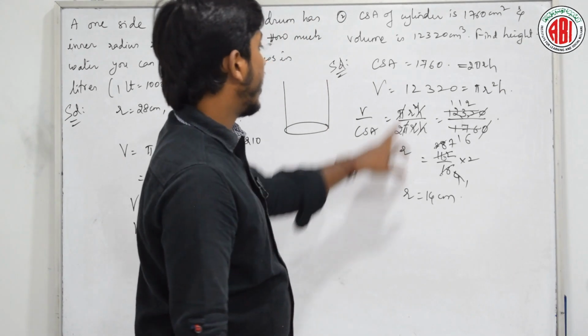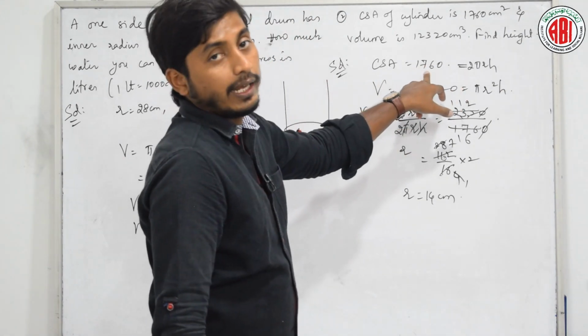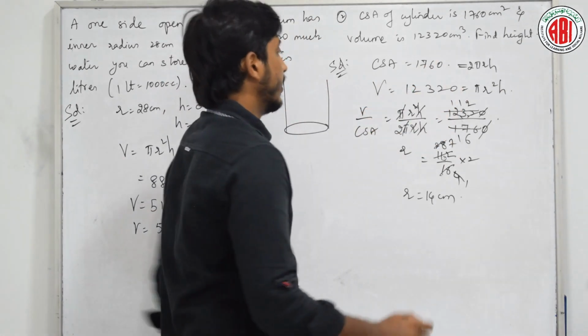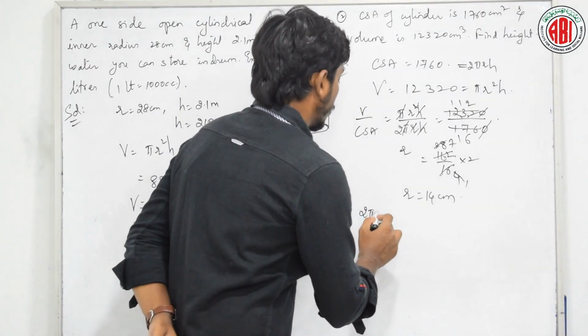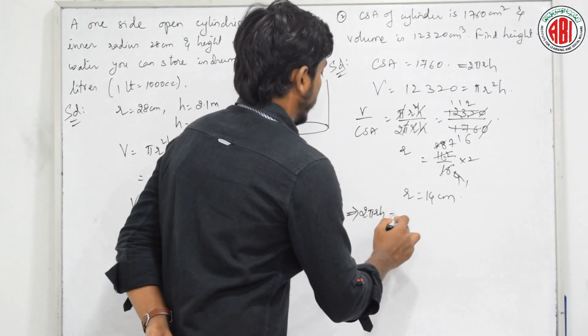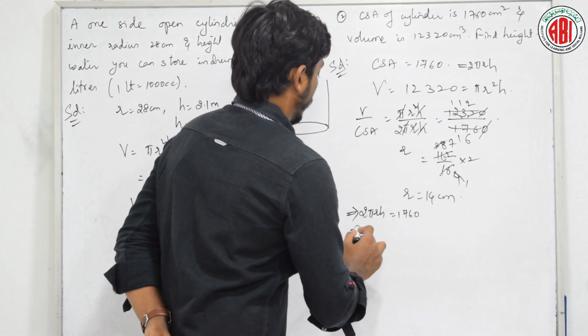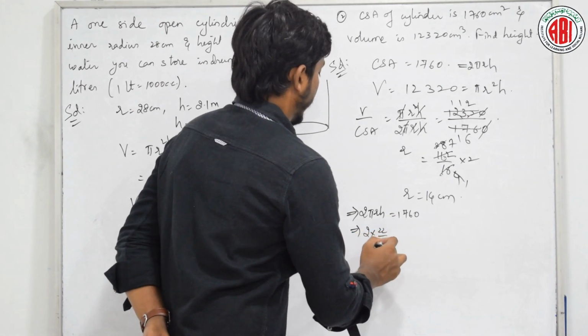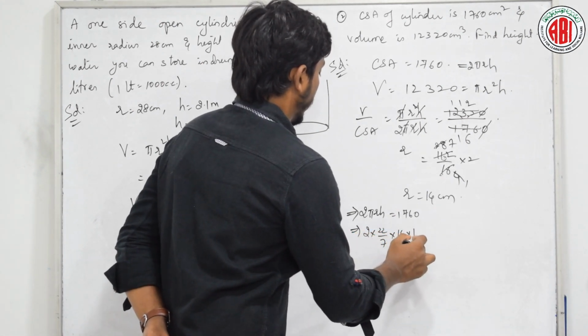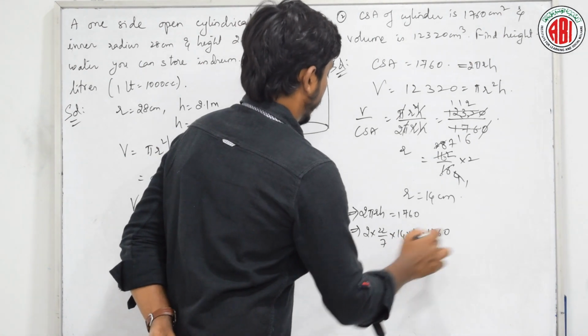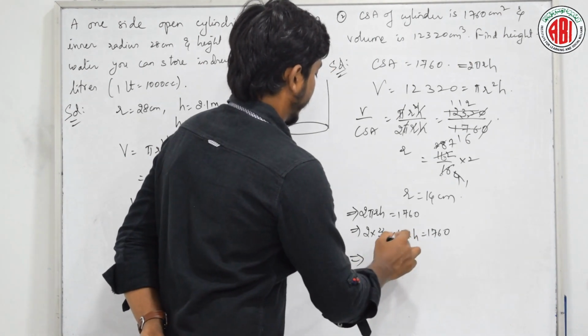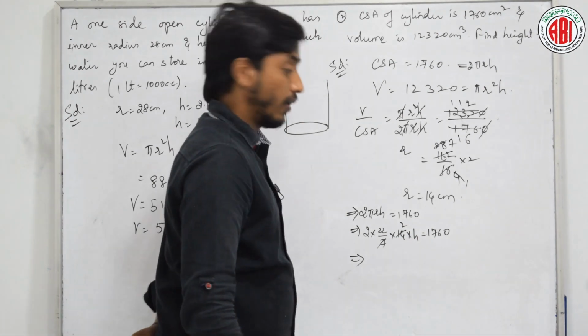Just substitute this R in this, you will directly get the value of H, that is 2 pi RH is 1760. 2 into 22 by 7 into 14 into H is 1760. Now check, 7 twos are 14.